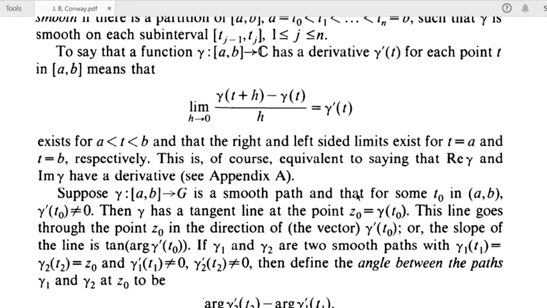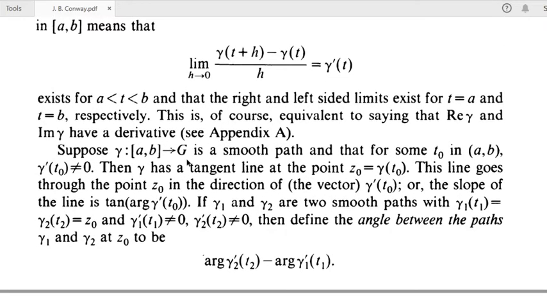The next concept: suppose we have a smooth path gamma from the closed interval [a, b] to the region G, and suppose there is some t0 in the open interval (a, b) such that the derivative at t0 is not equal to 0. Then we say our path gamma has a tangent line at the point gamma of t0, which we call z0, so gamma of t0 is equal to z0.